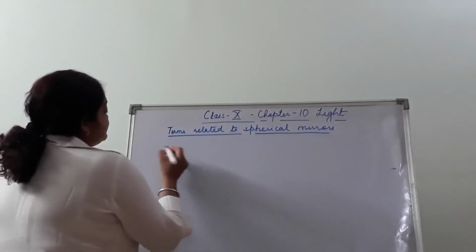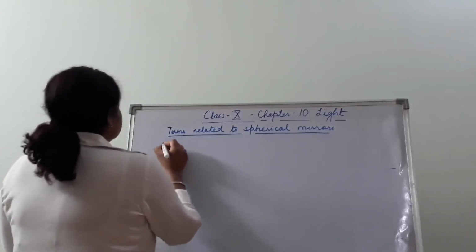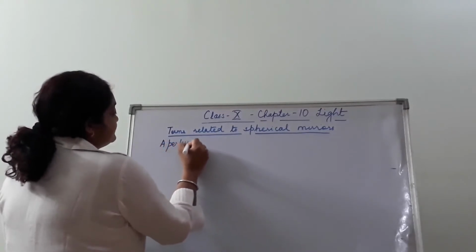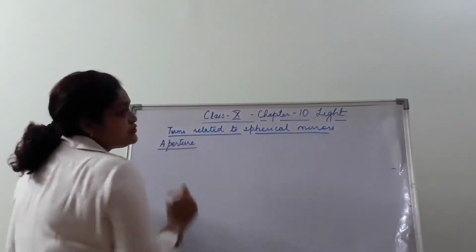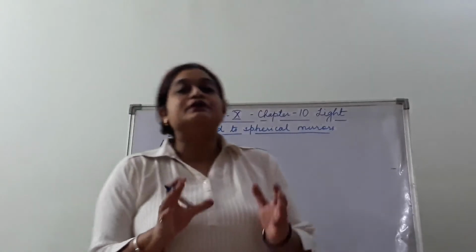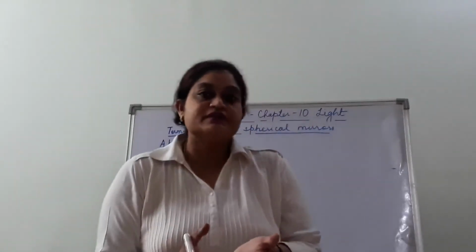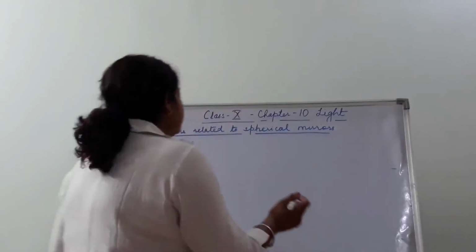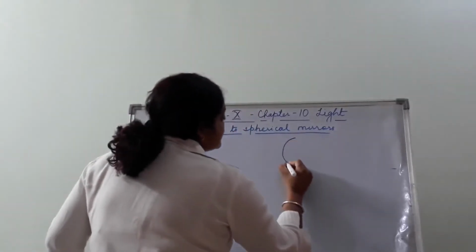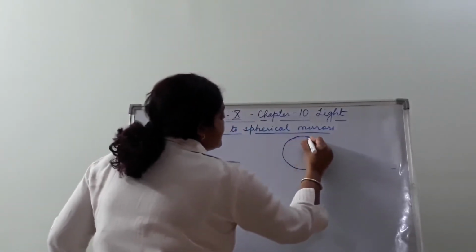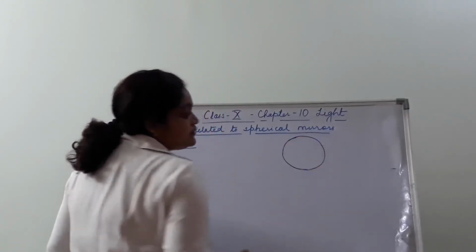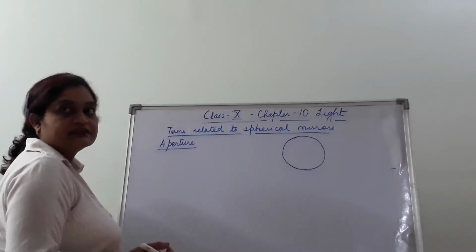Next term is aperture. Aperture of the mirror. So the aperture of the mirror is the surface which reflects light. Normally for a spherical surface, when you see the 2D image, the aperture is like this.